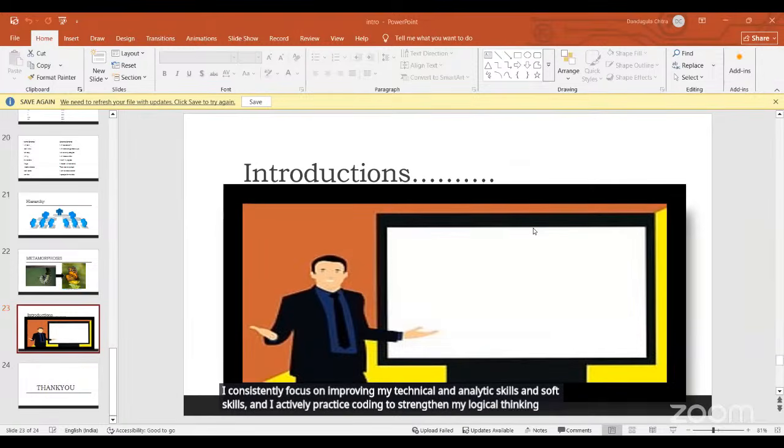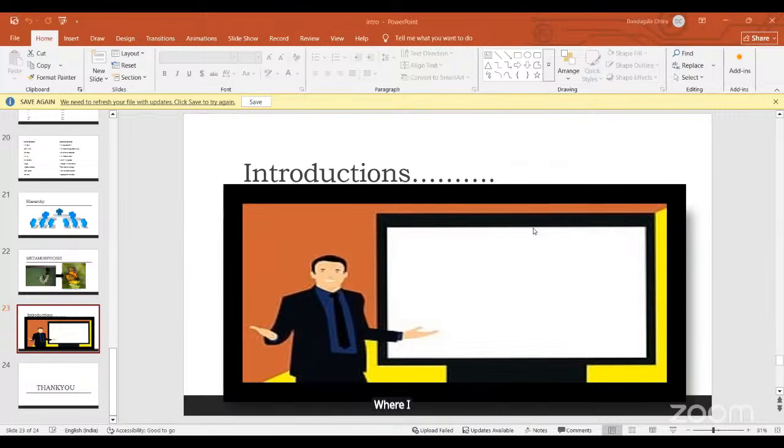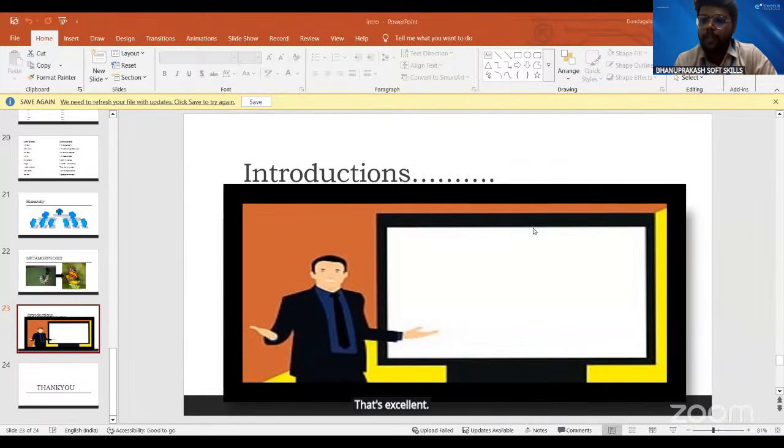Along with technical skills, I also developed good communication and teamwork abilities when I participated in some hackathons. What sets me apart is my curiosity to learn several things, adaptability, and my ability to quickly grasp new concepts and apply them effectively. I'm looking forward to starting my career in a challenging environment where I can contribute, learn continuously, and grow into a skilled AI professional with good soft skills, sir. Thank you, excellent. Yashaswini, thank you so much.